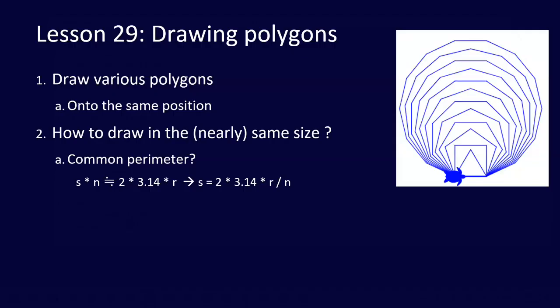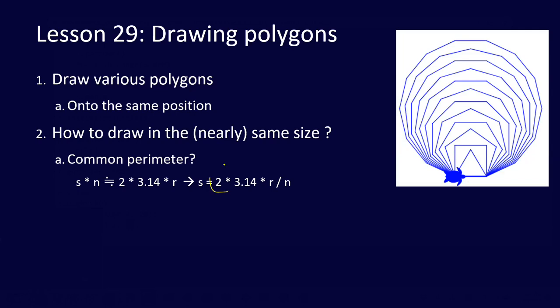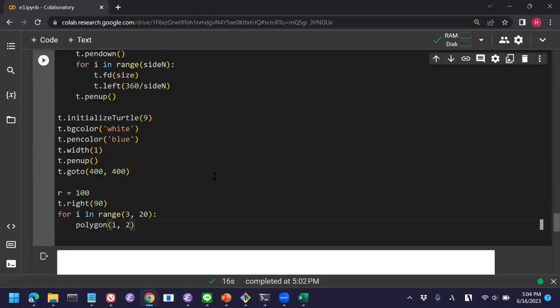It should be this one, instead of just a fixed number. So it should be 2 times 3.14 times r divided by i.